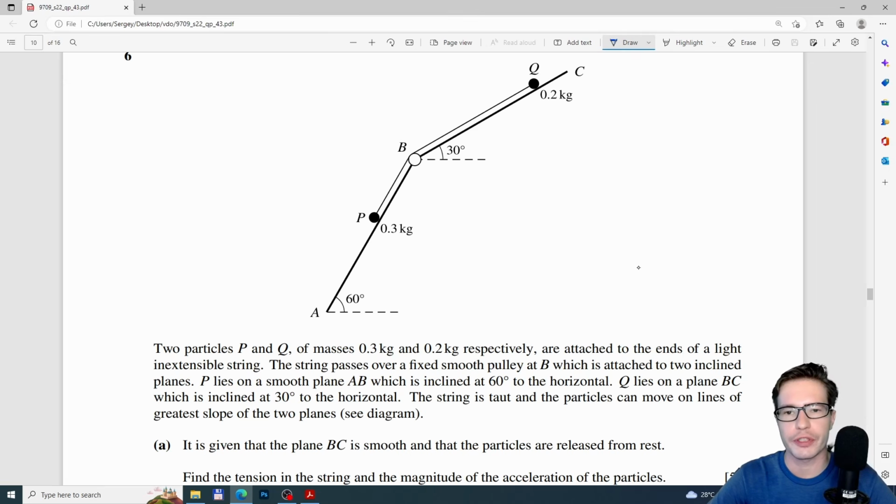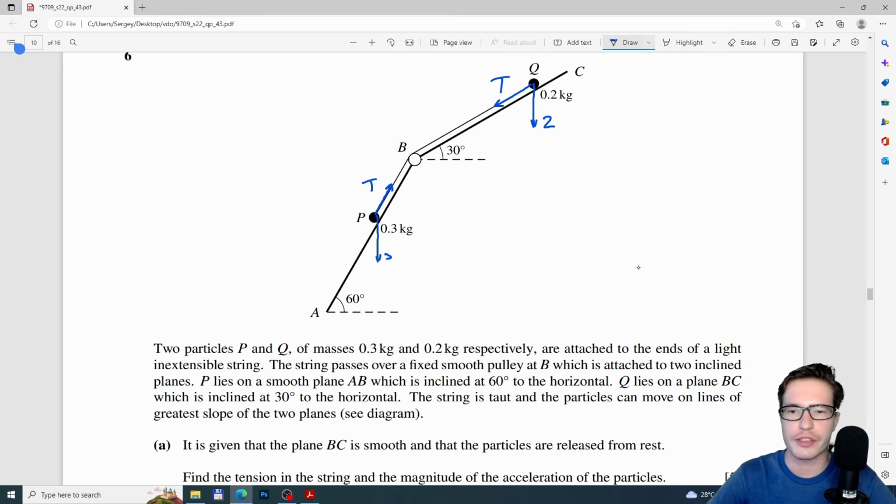Looking at particle Q, it is being pulled by the string, so tension is that way. And looking at particle P, the string is pulling it up, so tension acts upwards. Now the weight of particle Q is 2 newtons. The weight of particle P is 3 newtons.